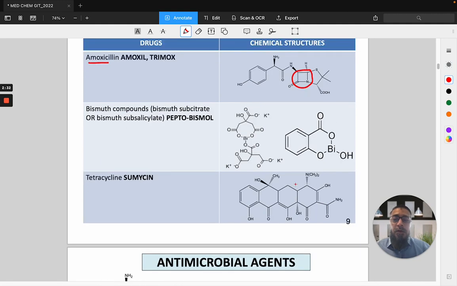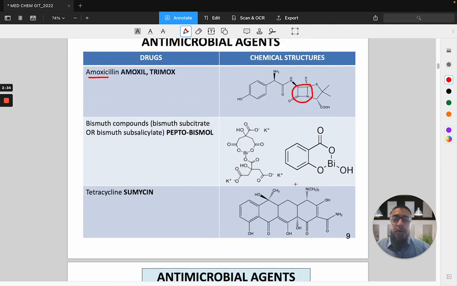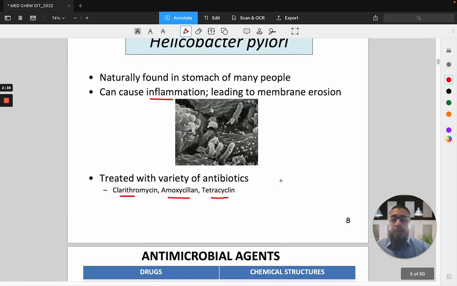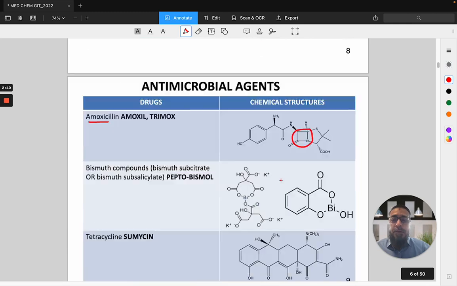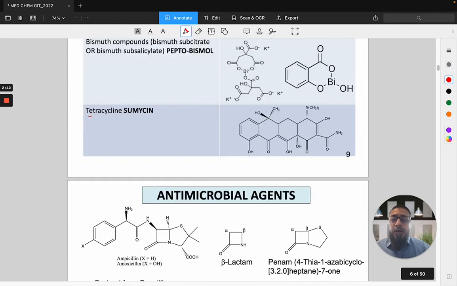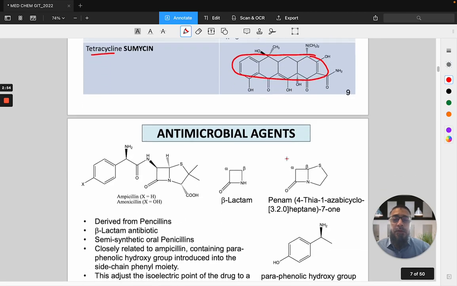The third example used for the inflammation caused by Helicobacter pylori is tetracycline. Tetracycline is generally composed of anthracene, so this is the basic structure of anthracene. We will see them one by one.